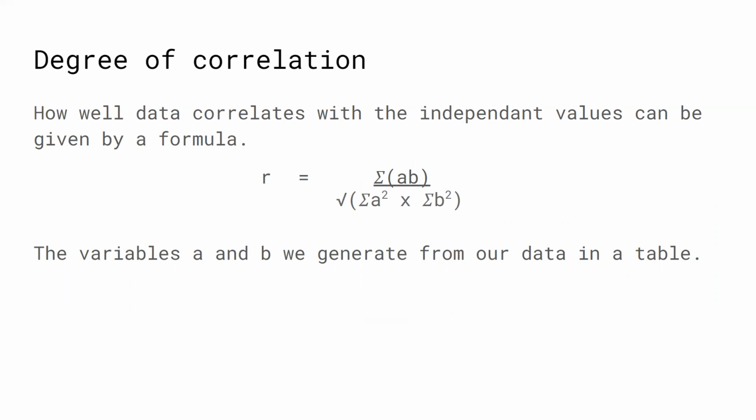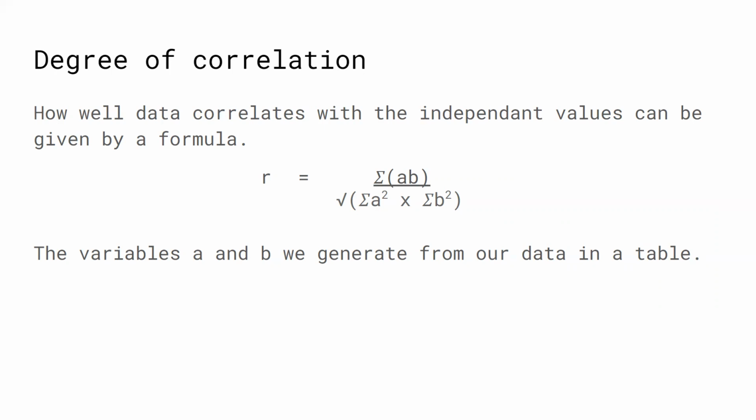So the degree of correlation determines how well data correlates with the independent value, and it can be given by a formula. So R is our degree of correlation, and it's equal to the sum of AB divided by the square root of the sum of A squared times the sum of B squared.